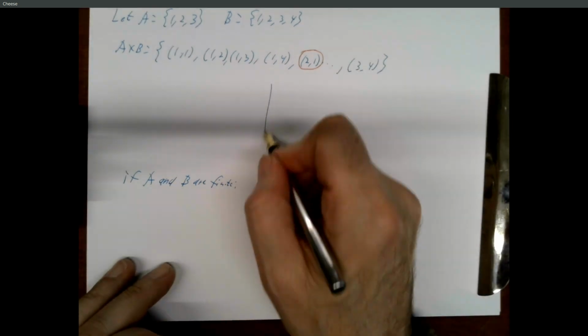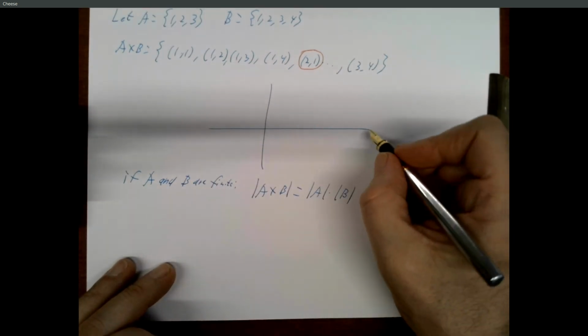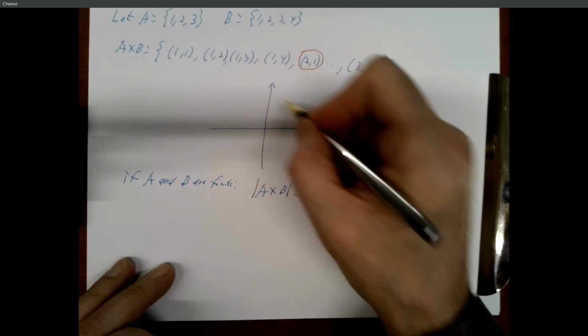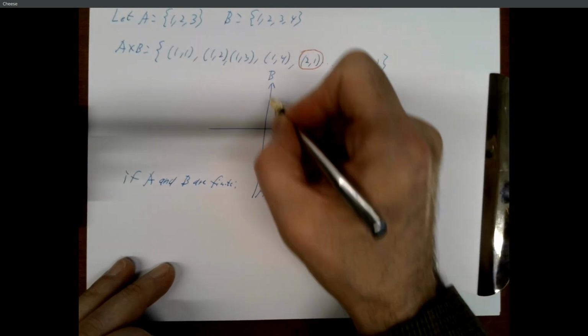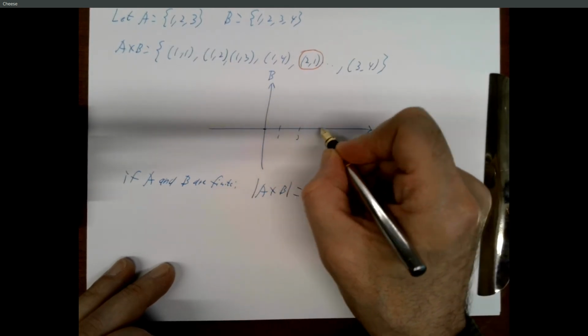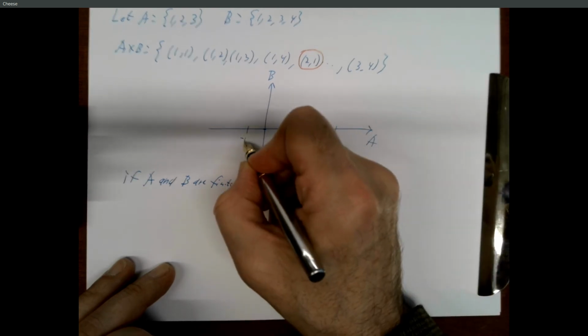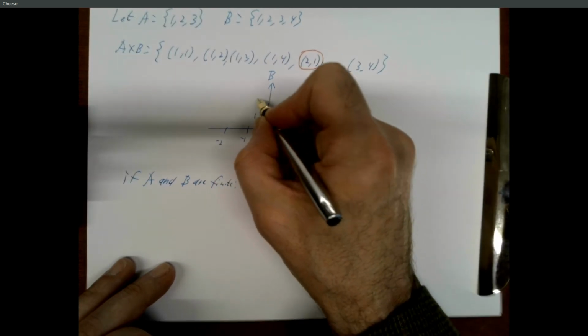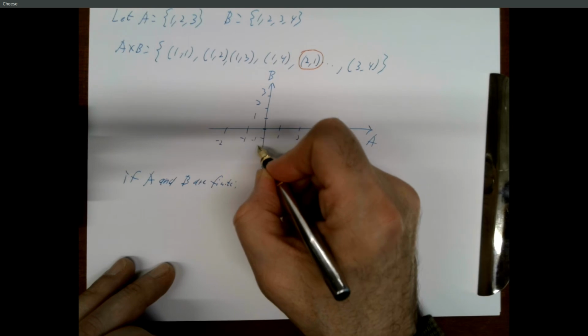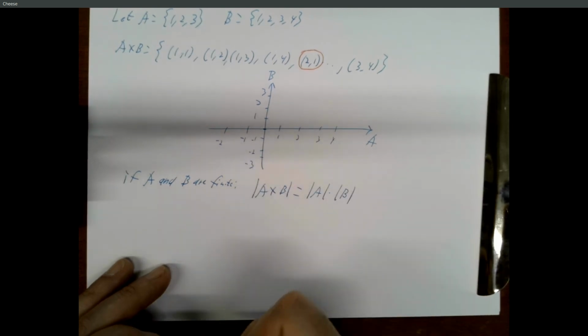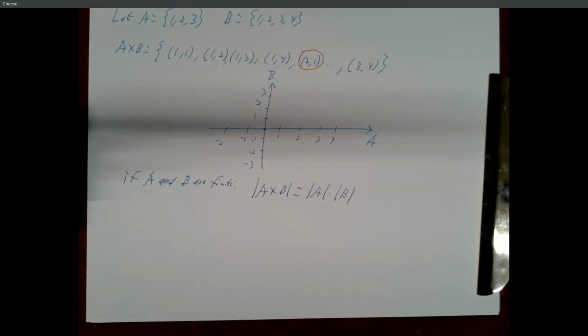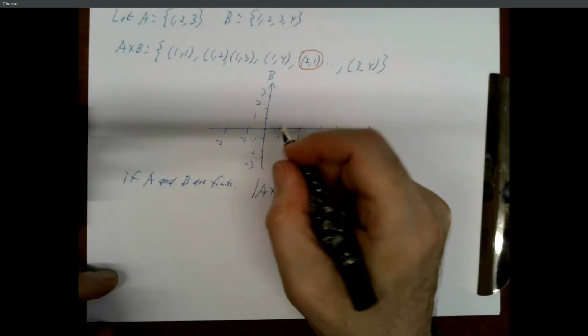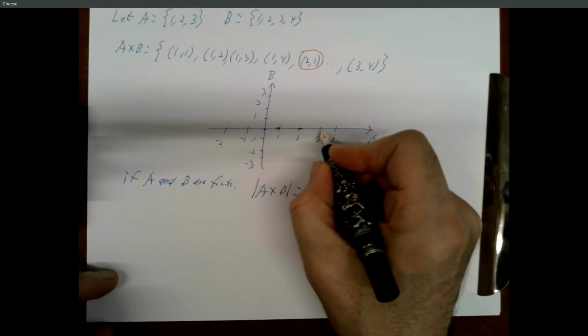But if we were to draw a Swiss cheese number line, where we're only marking the integers, well, the set A contains these things.